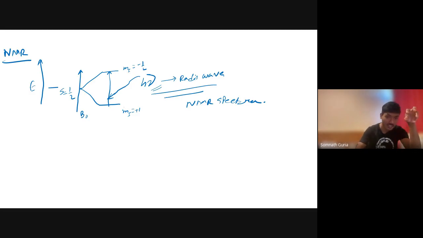So there is some electronic distribution. There is one proton and one electron surrounding this hydrogen atom. This electron cloud has its own spin distribution.